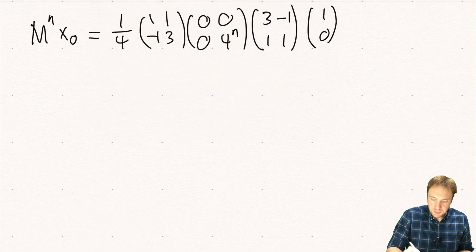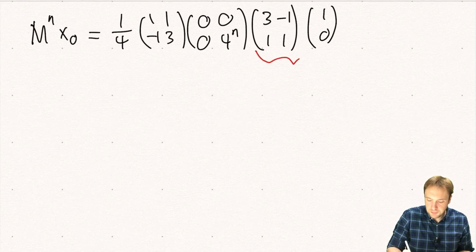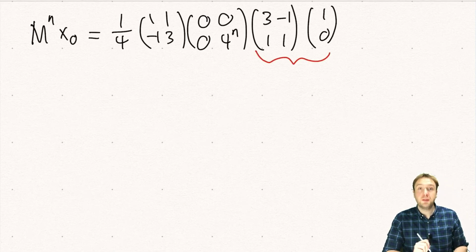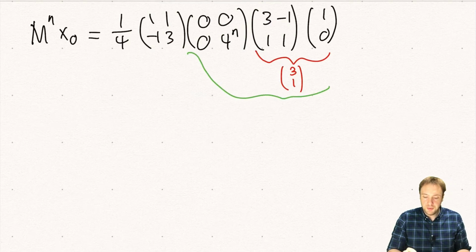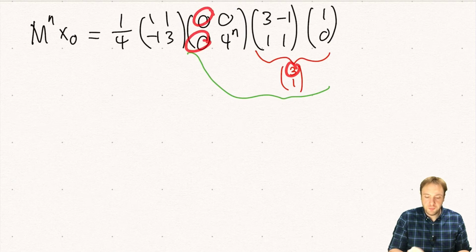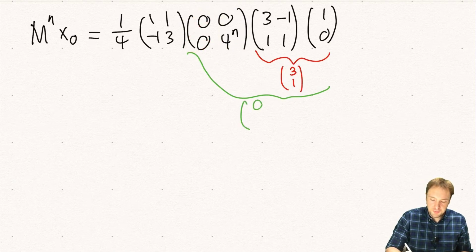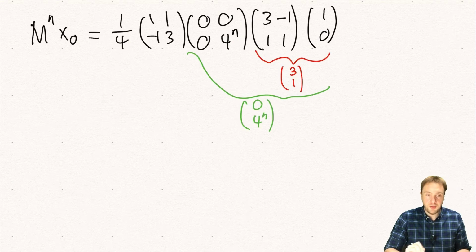So now let's multiply this out. Multiplying this matrix with the vector (1, 0) just means we take the first column of the matrix. So this 3 just gets multiplied with 0, so we just take this here. So this is (0, 4 to the n).